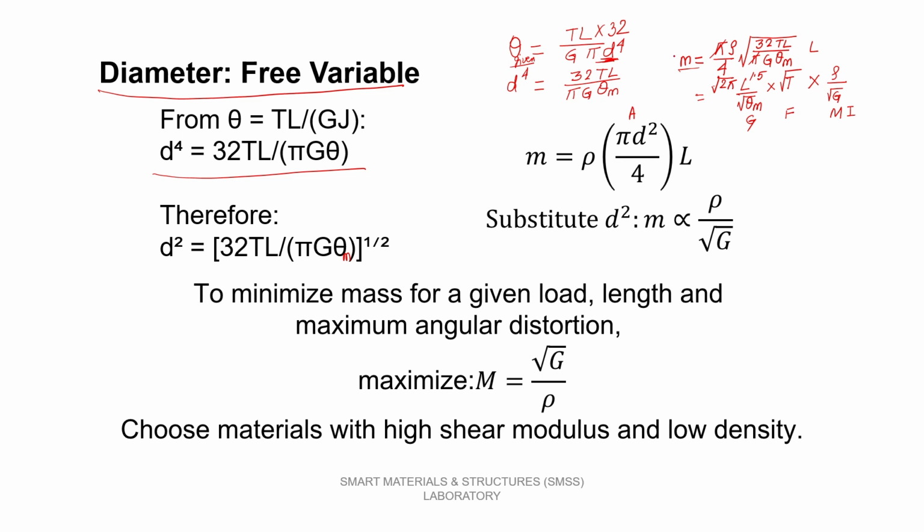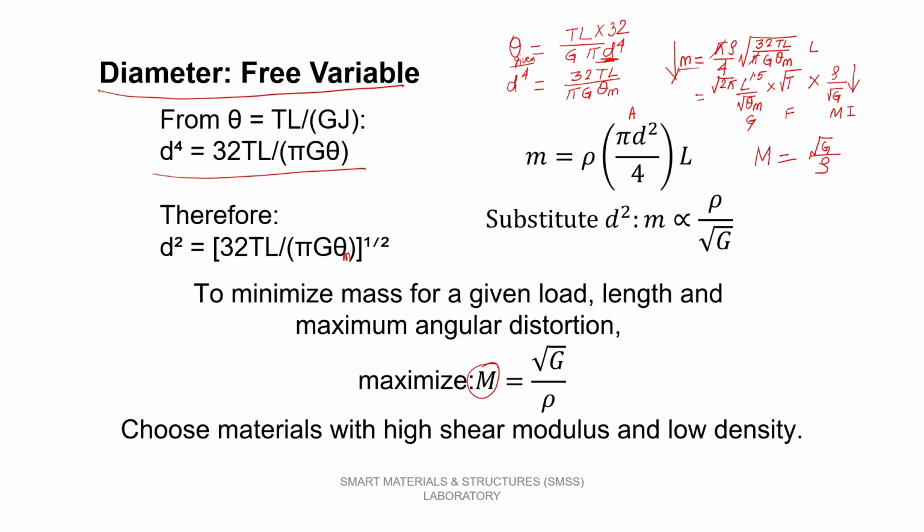You have to minimize this mass m, right. So, if you have to minimize this mass m, that means you have to minimize rho over root G, correct. So, what we will do is take the reciprocal of this. So, our material property index, which is capital M, is defined as square root of G over rho. Okay.